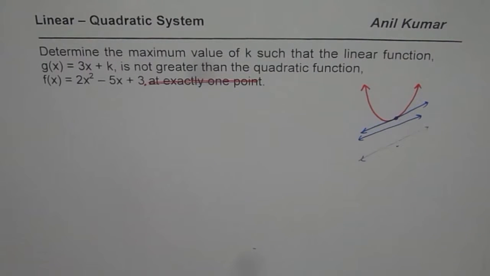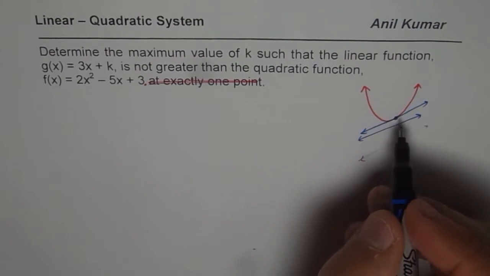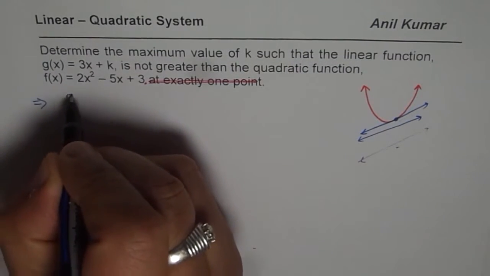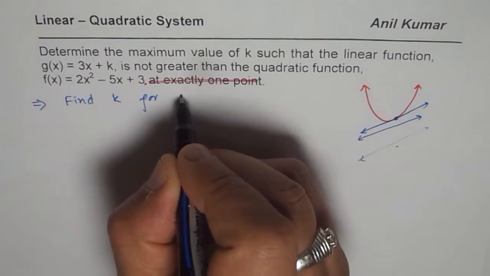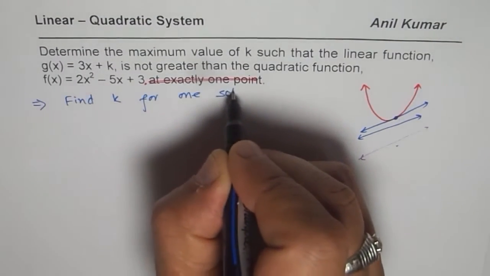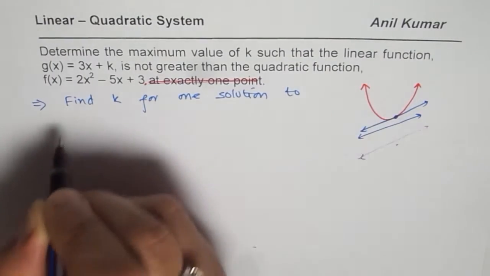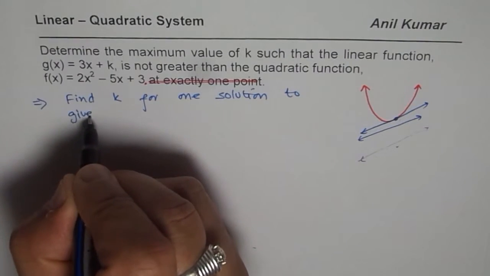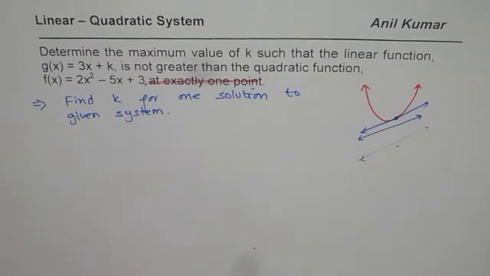So we have to find the value of k so that this system has one solution. So find k for one solution to the given system, which is linear quadratic, correct?